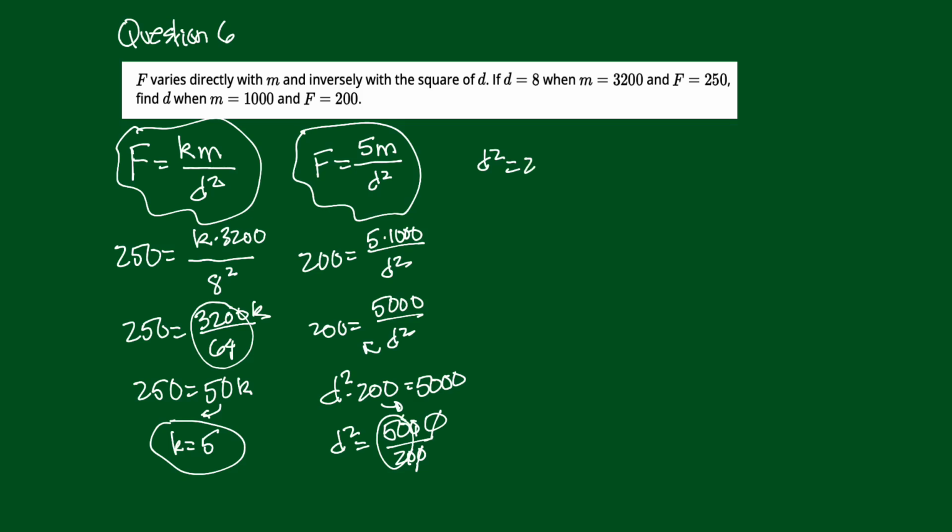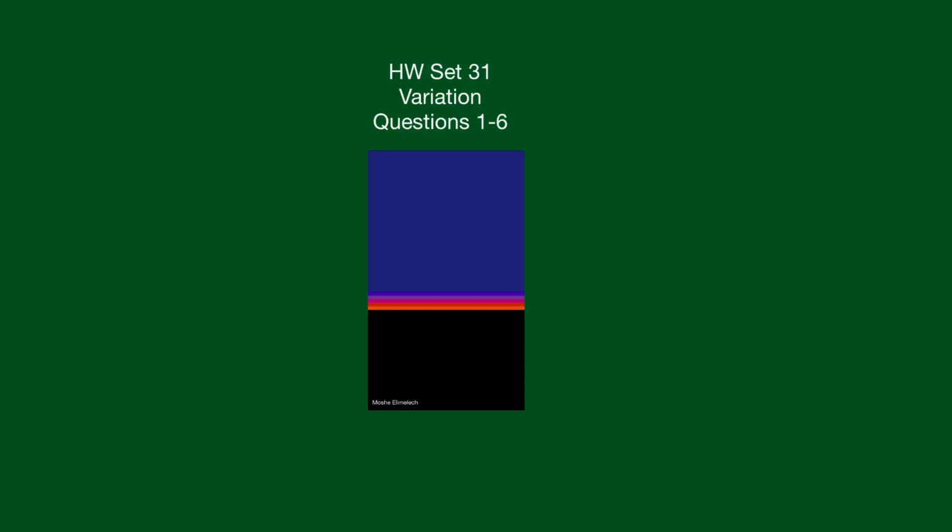That'll be a 25. All right, so square root each side. Square root of d squared is the absolute value of d. Square root of 25 is 5. Remove the absolute values. Now we get plus or minus, or if you like, d is equal to negative 5 and positive 5. And that is the end of questions 1 through 6 on homework set 31.